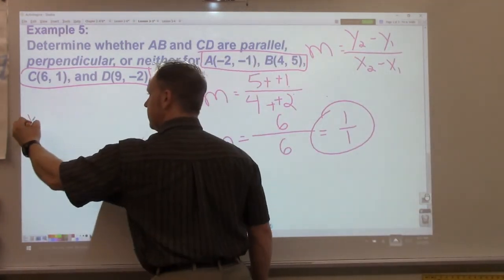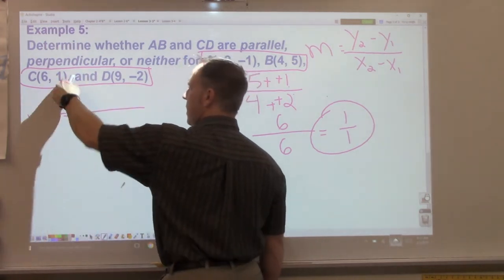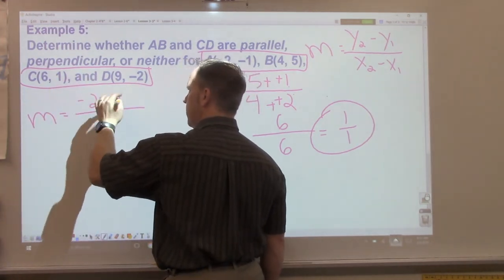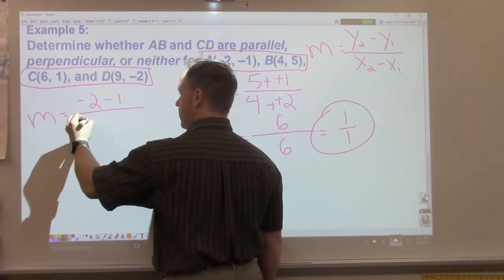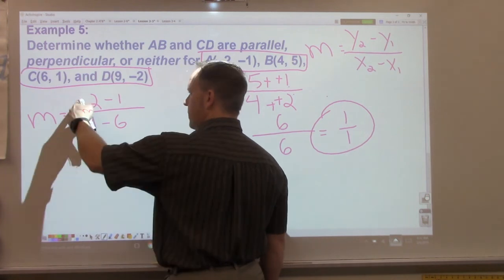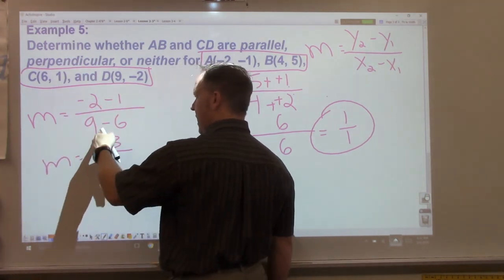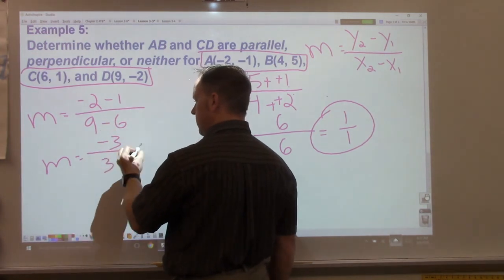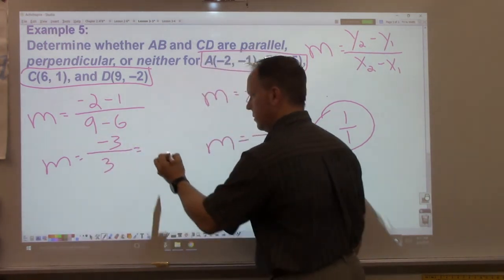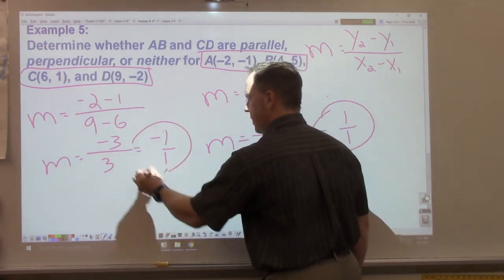Slope of CD. -2 minus 1 over 9 minus 6. Reduce. There's my second slope.